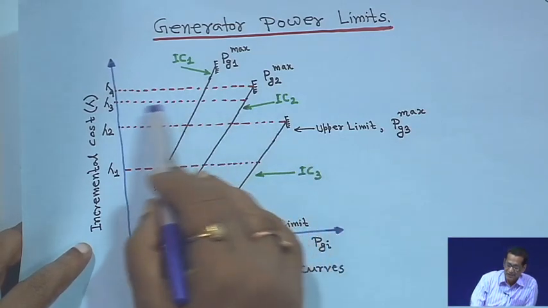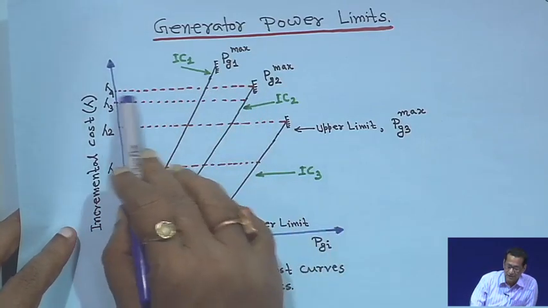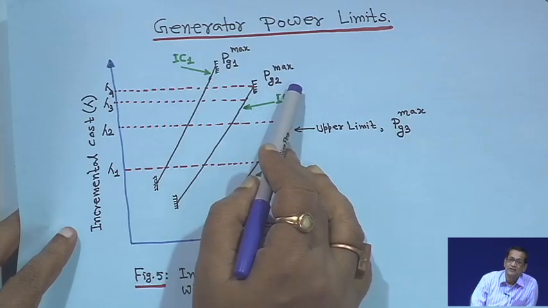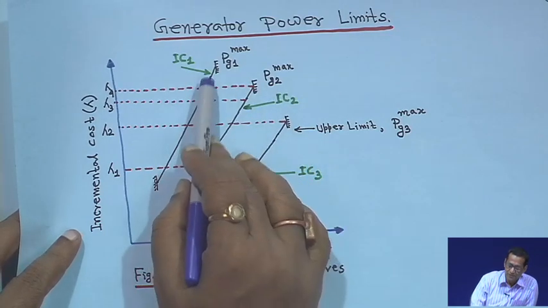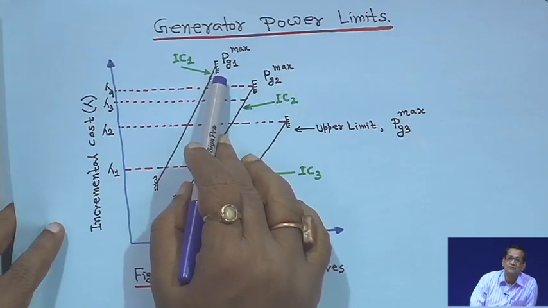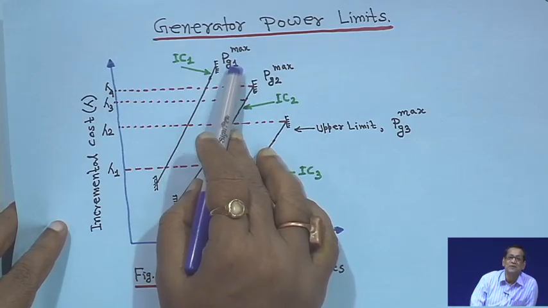Then as the load keeps increasing, it will touch here at lambda 4, that is Pg2 max. There also you have to set Pg2 equal to Pg2 max. After that, if the load increases further, only this unit has to take care of the load till it reaches Pg1 equal to Pg1 max.